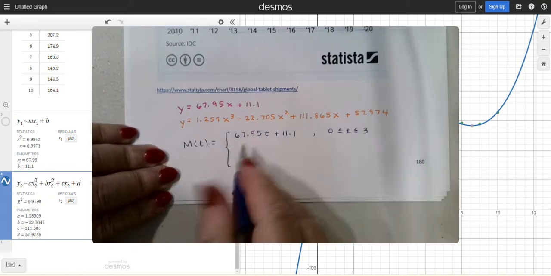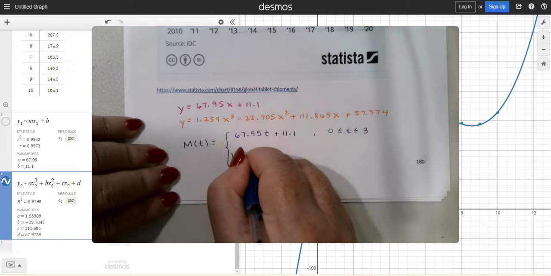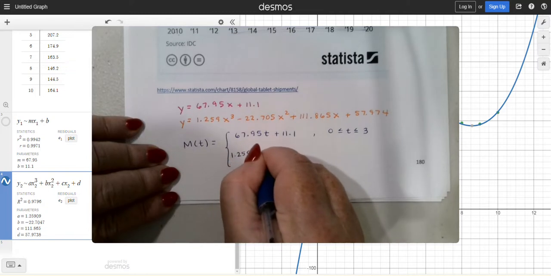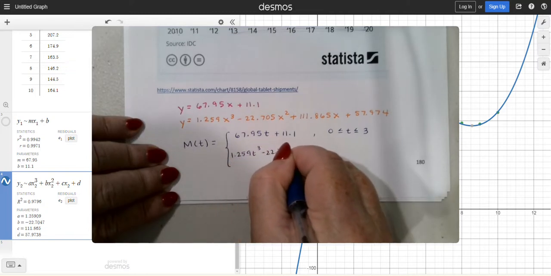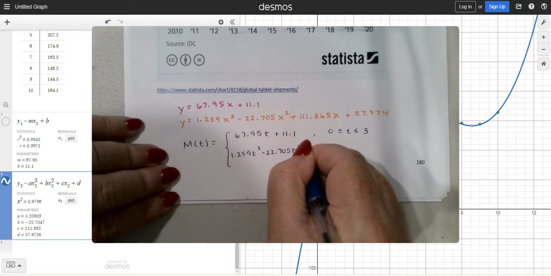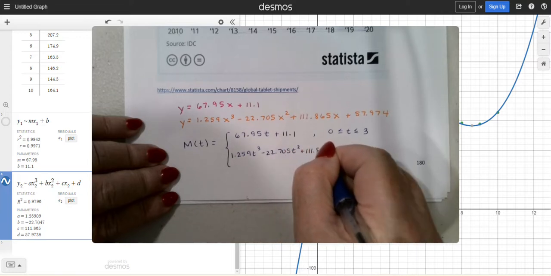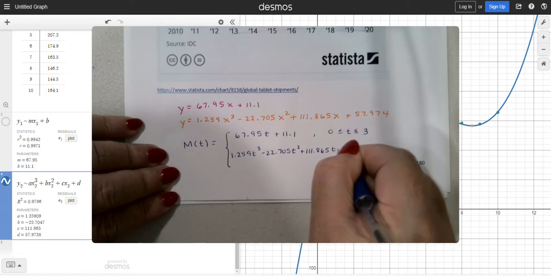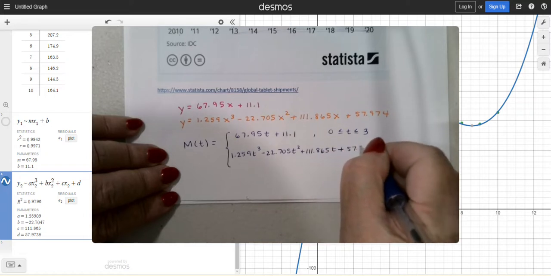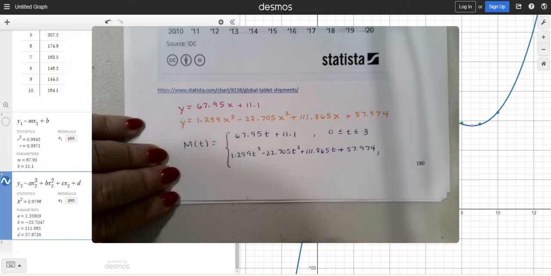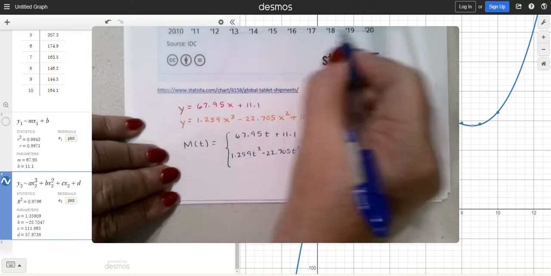And then my second function, all of this, and that's valid from 3 to 10.